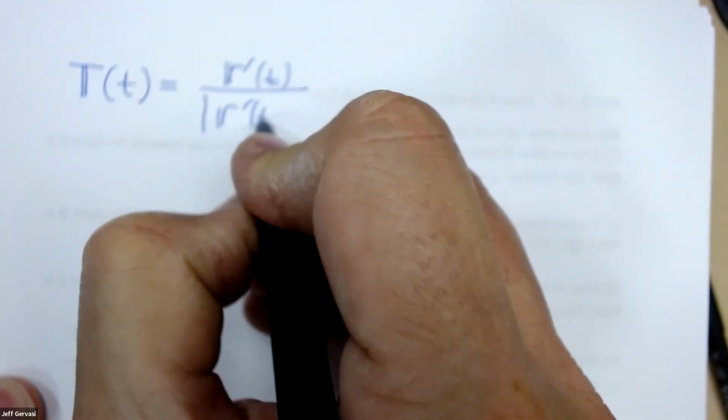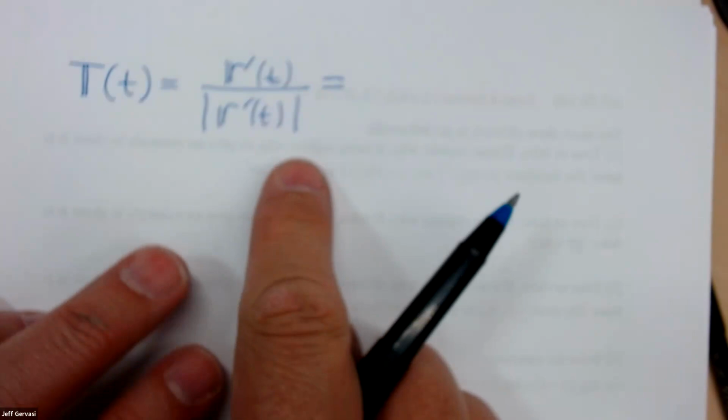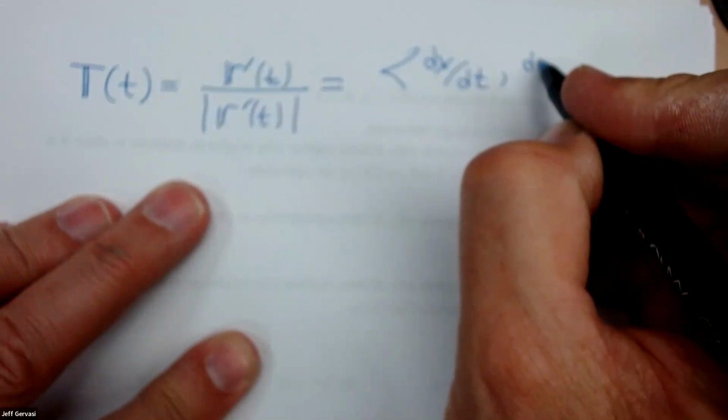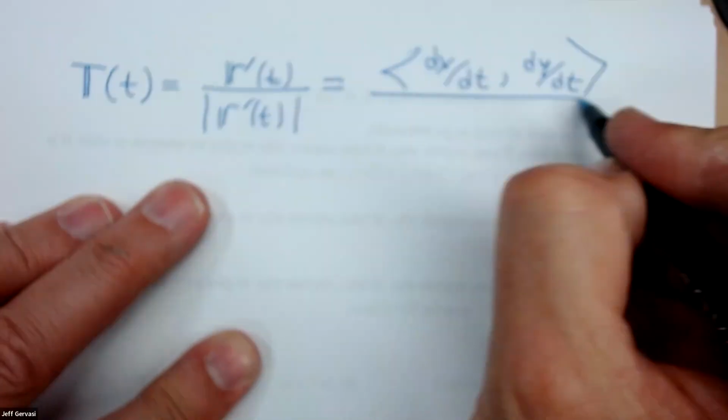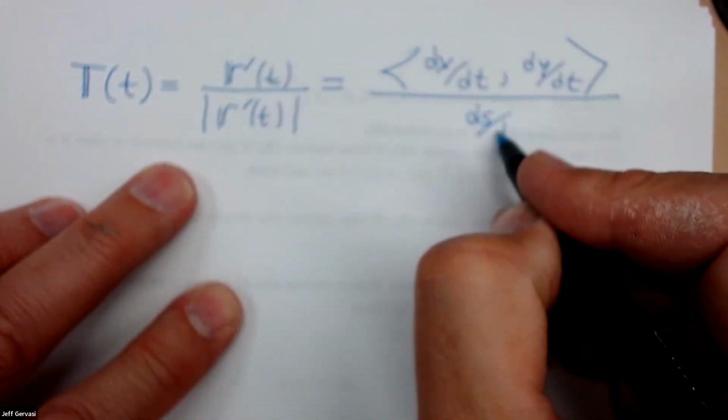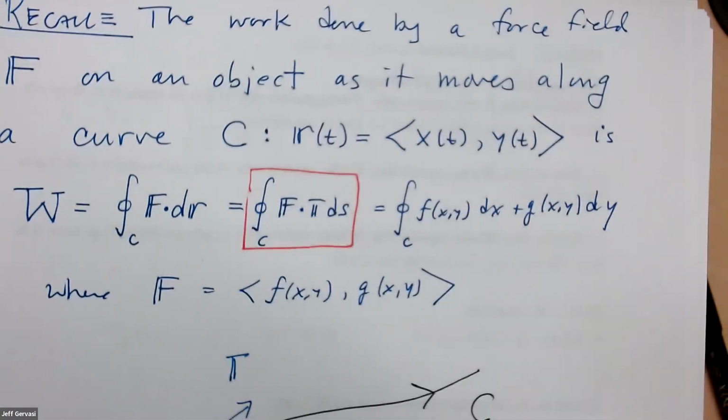First, as a reminder, the unit tangent vector, by definition, is this. Now I'm going to rewrite that this way. And be mindful again, the denominator, that's speed. So I can write it this way. Right, the camera's a little out of focus. It'll come back. Let's see if it'll come back if I do something like this.